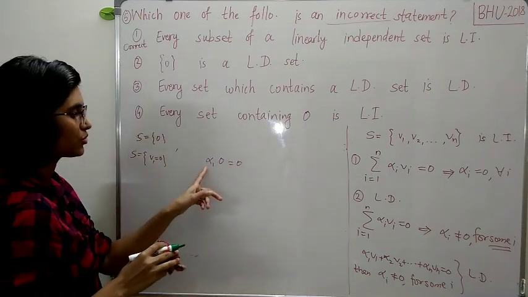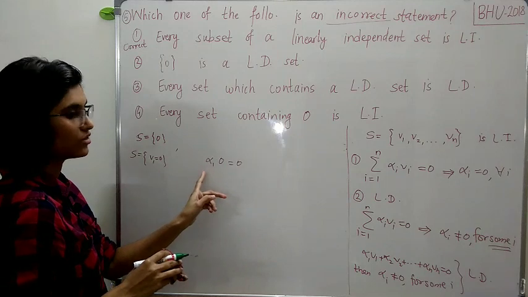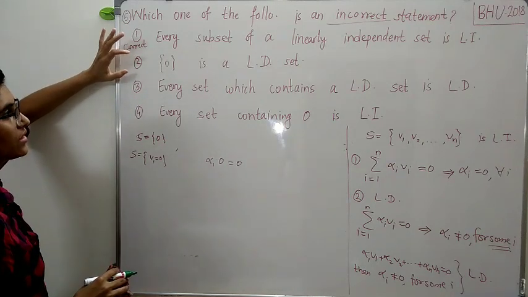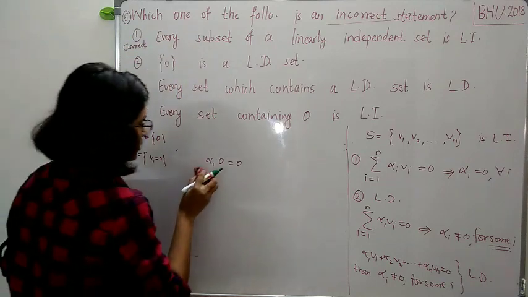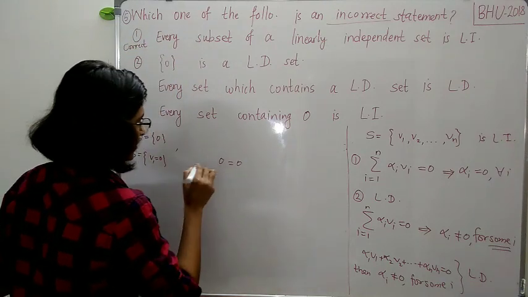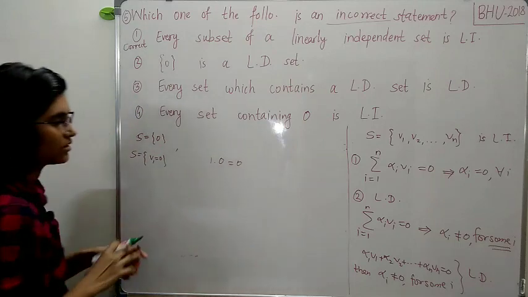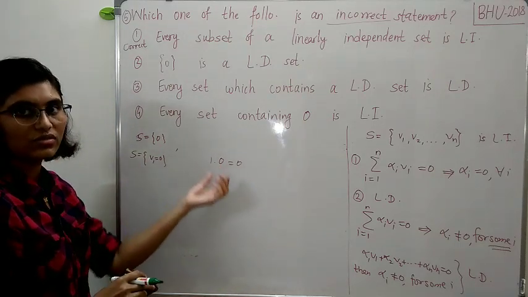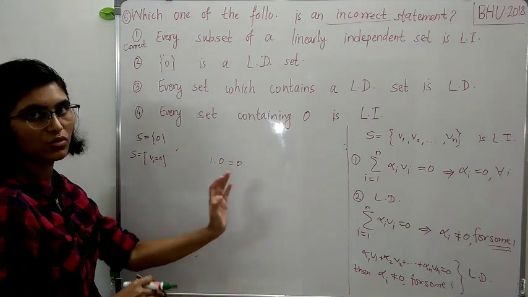and I need to check whether alpha I is 0 or not. Then that will imply whether this set is linearly dependent or not. So let us just replace this alpha 1 by 1, because we can write 0 as 1 times 0, or 2 times 0, or anything times 0.